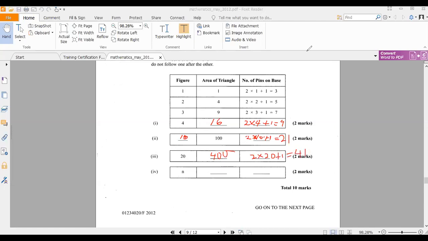Then this now would have n square. So this gives me n square.